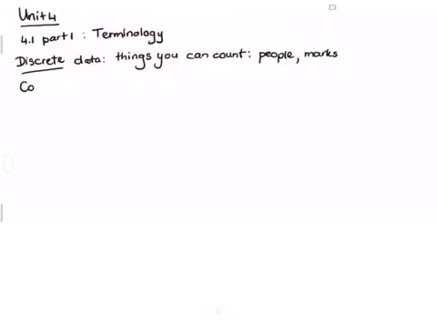The other one is continuous data. Continuous data is things you measure. Because when we measure stuff, we always round the answer to a convenient number of decimal places.